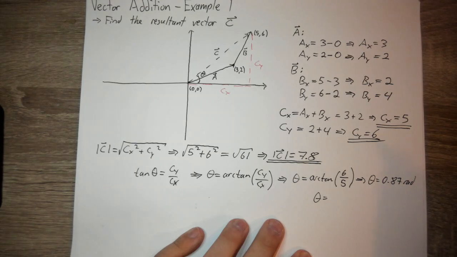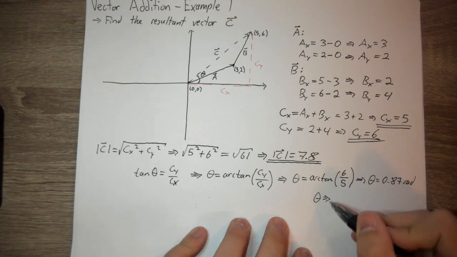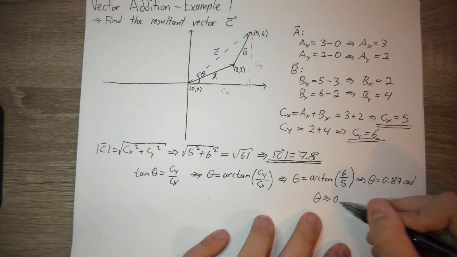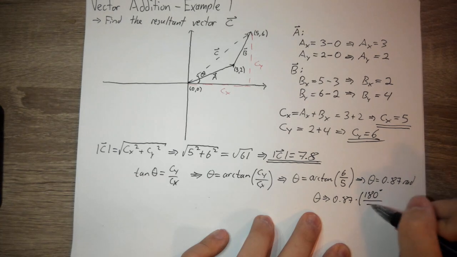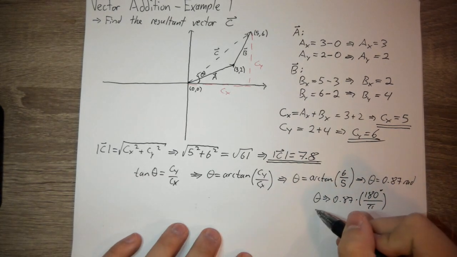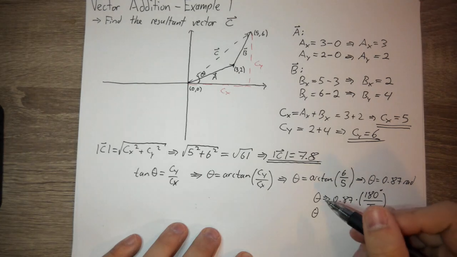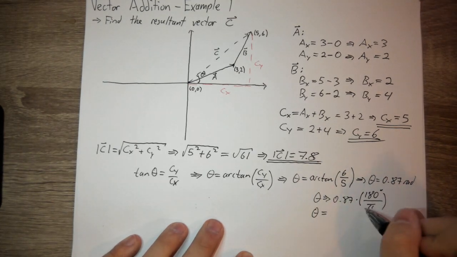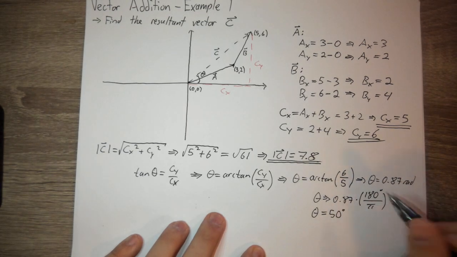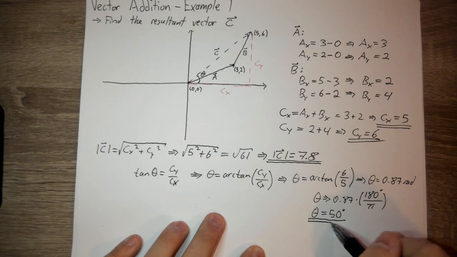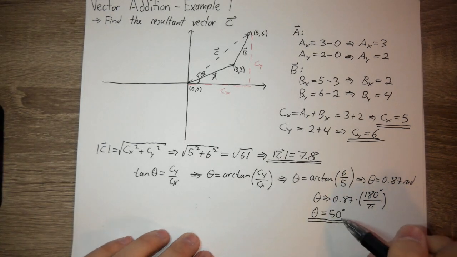But we can convert this to degrees if you just take your radians, multiply it by 180 degrees, divide by pi. Some of you may have had your calculator in degrees already, so you can skip this step. But it works out to 50 degrees. 50.1 or so, but I rounded it to 50.